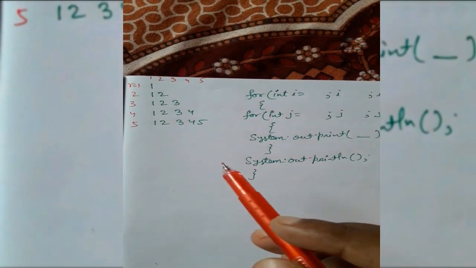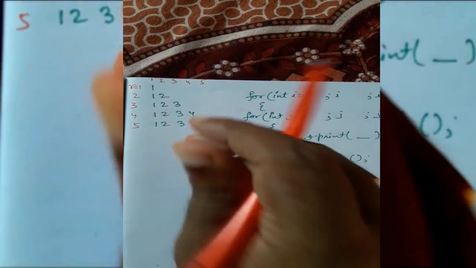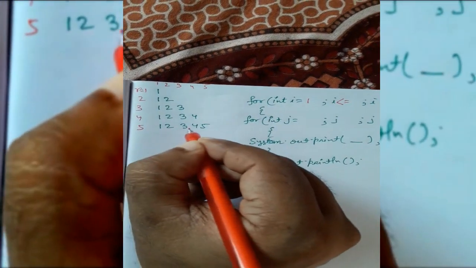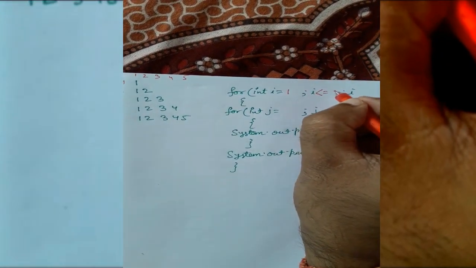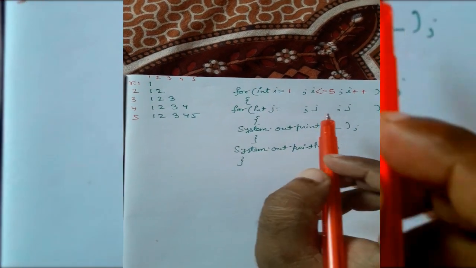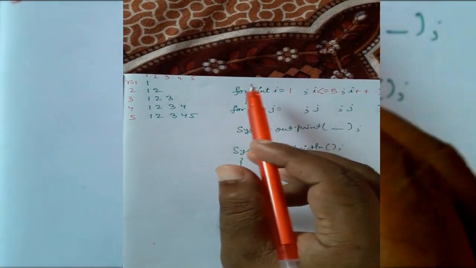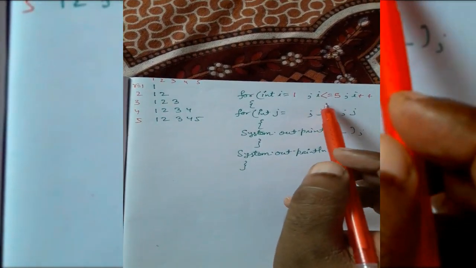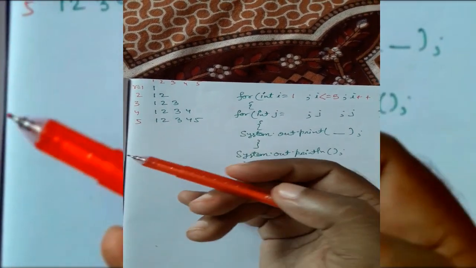So for this type of problems, we will generally write for I equals to 1, I less than or equal to the maximum number of rows 5, then I plus plus. That is common. I told you 80% of the time we will write this thing. Instead of 5 you can write n, where n is 5.